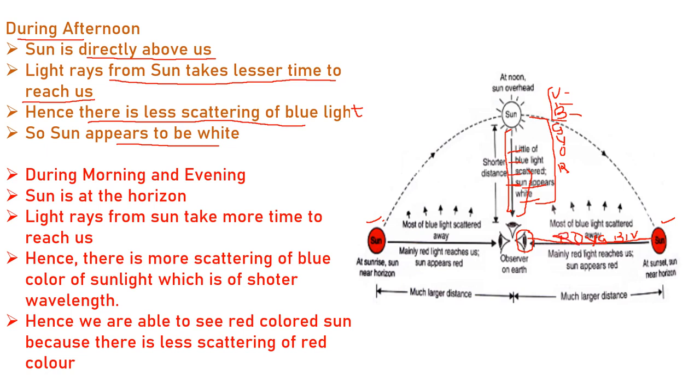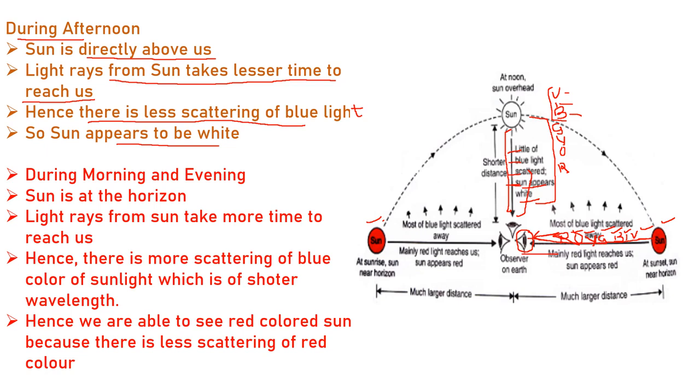As the light is coming, the violet is getting scattered, the indigo is getting scattered, blue is getting scattered completely, yellow is getting scattered completely, orange also completely scattered. The red light is the one which is not that much scattered, and this red color can be seen by the observer, and because of this the sun appears red, or sometimes a yellowish red or crimson red in color.